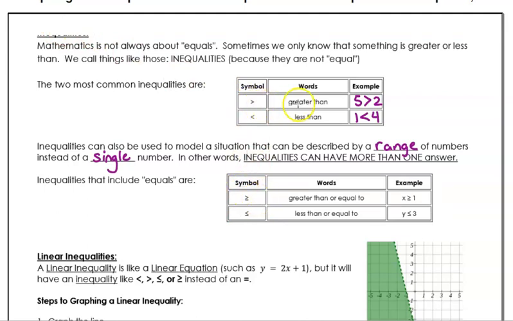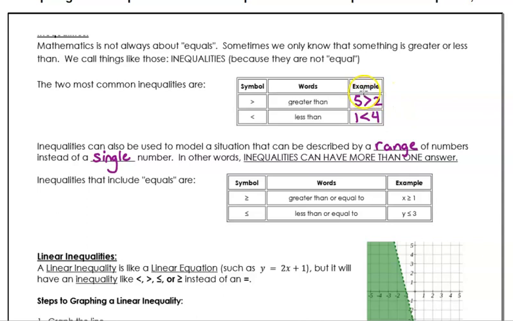Like this one's called greater than, that one's called less than, this one is greater than or equal to, so that's what this line underneath is called, the equal to, and this one is less than or equal to because of that line. Now, these represent a series of numbers or range of numbers. So in this case, this number could be anything that is greater than, say, 2.